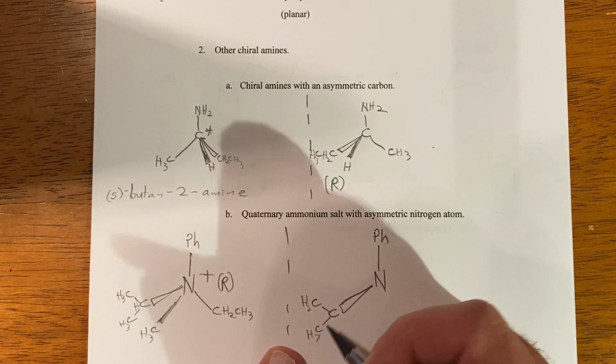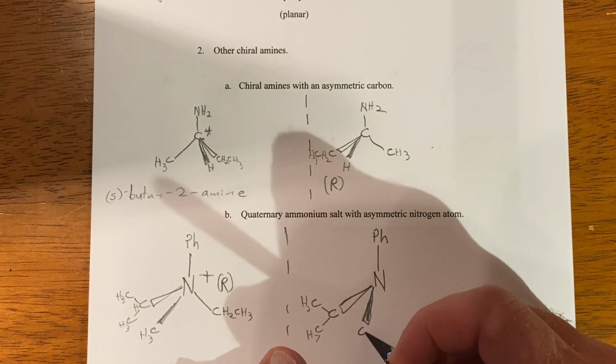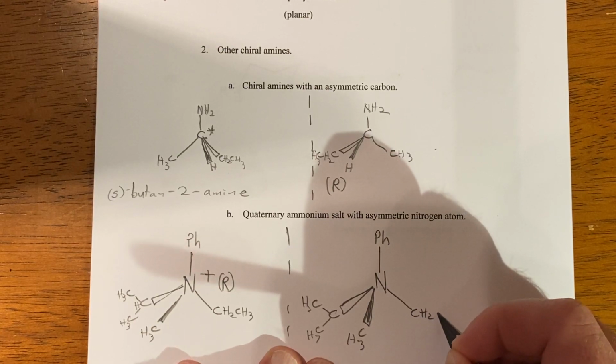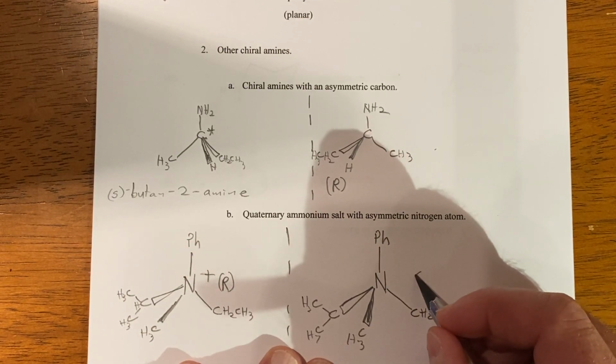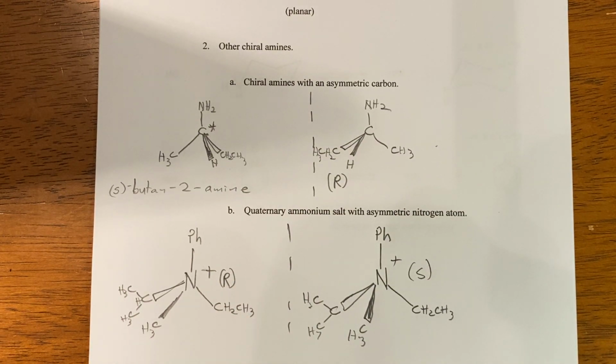So there's my isopropyl group going into the page, methyl group coming out, and another ethyl group staying in the plane. And this is an S. Okay, so quaternary ammonium groups can have a chiral center.